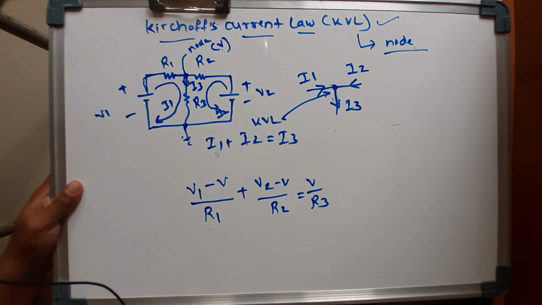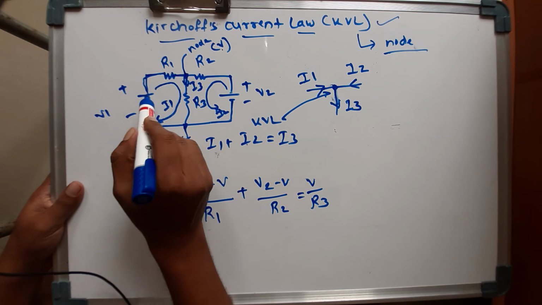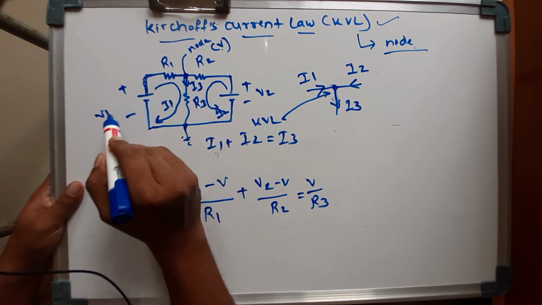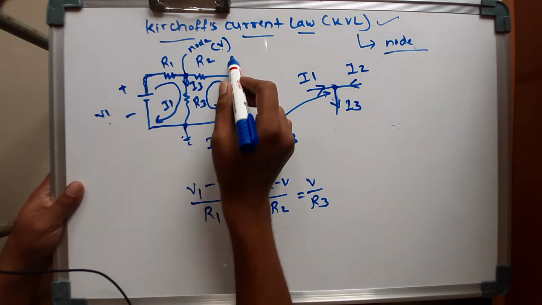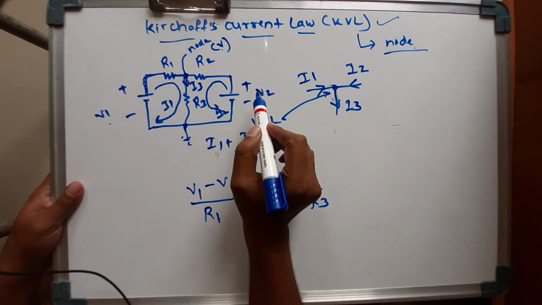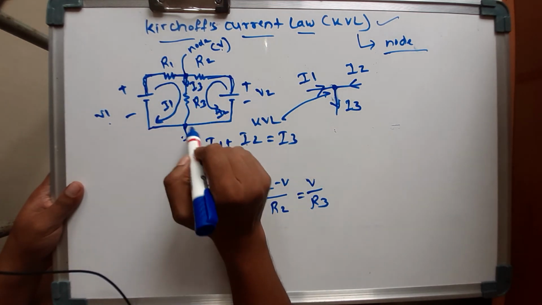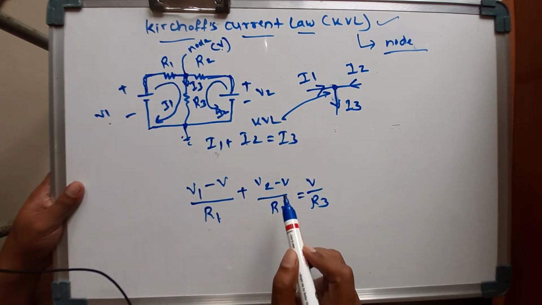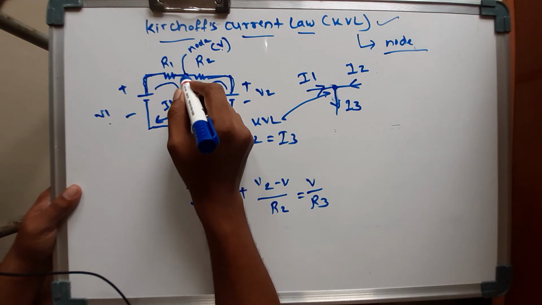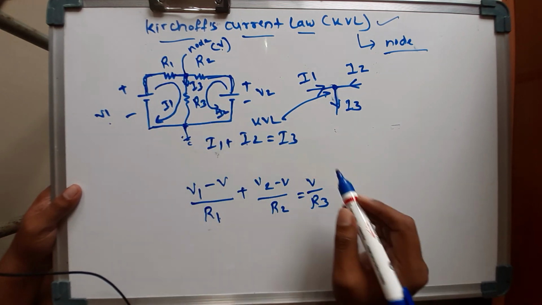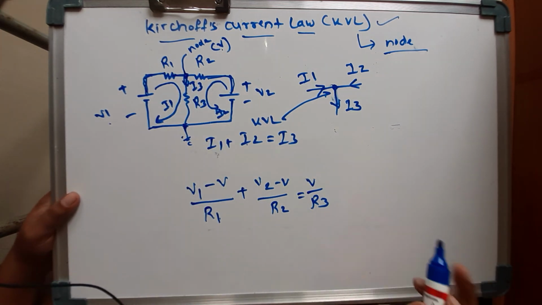Again I will explain. I1 will flow like this, so the starting voltage V1 minus the end voltage V, divided by R1, plus I2 is flowing like this, V2 minus V divided by R2, equal to I3. It will start from V and end at ground, so V minus 0, that is V divided by R3.